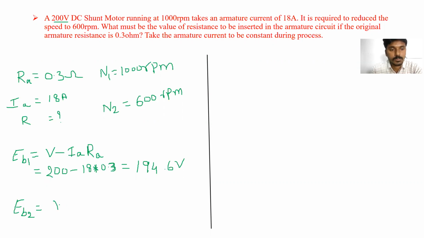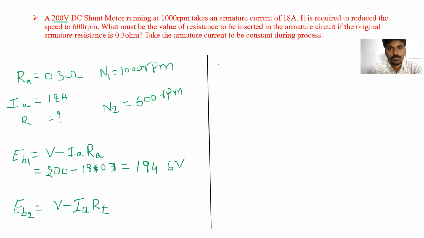That is equal to the same formula, V minus IA into RT. Because the resistance changes, the back EMF changes, and the speed also changes. Is it right? So EB2 is equal to V minus IA into RT. Is it right or not?